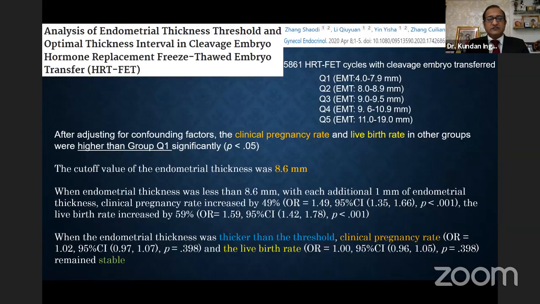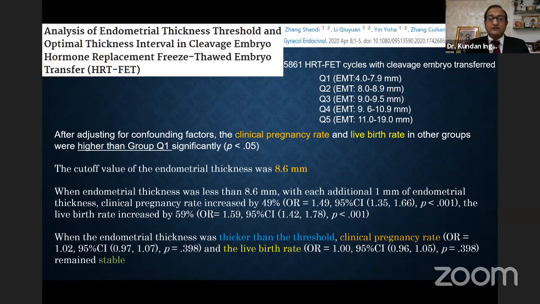Another good piece of evidence was the HRT-FET trial, where they tried to find out the endometrial thickness threshold: what should be the ideal cutoff, and what is the optimal thickness interval? This was studied in cleavage embryo hormone replacement frozen-thawed embryo transfer cycles.